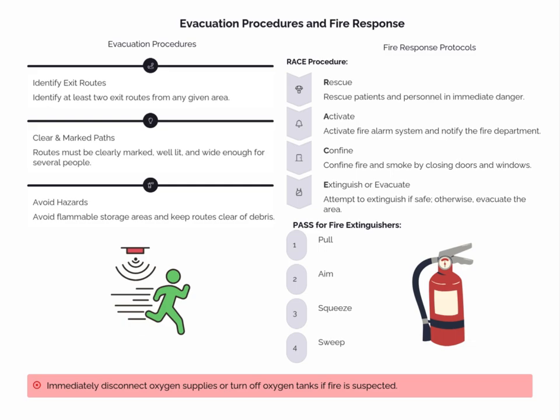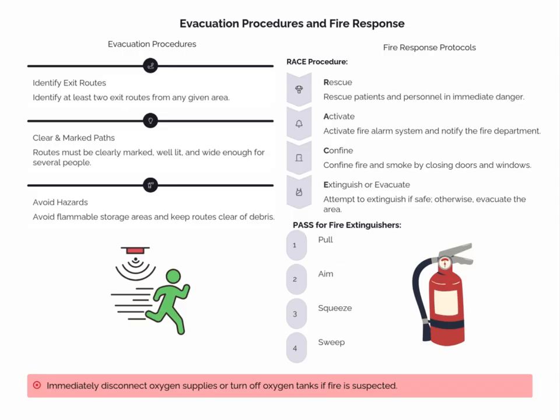So confine the fire by closing doors and windows. So as you're getting patients out of rooms, close the doors behind you as you go. And then E is either for extinguish or evacuate. If it is a small fire, you can extinguish it yourself. If it is a large fire, you evacuate yourself as well as your patients and any coworkers.